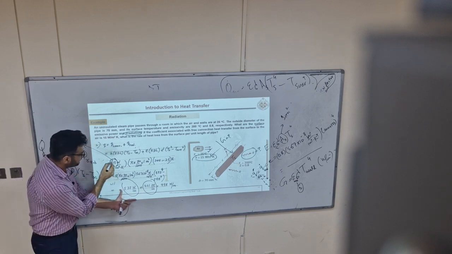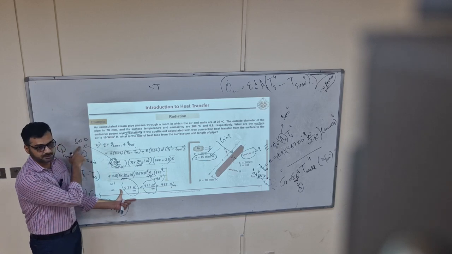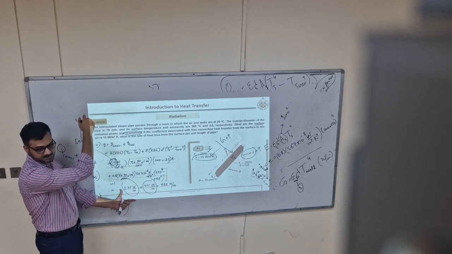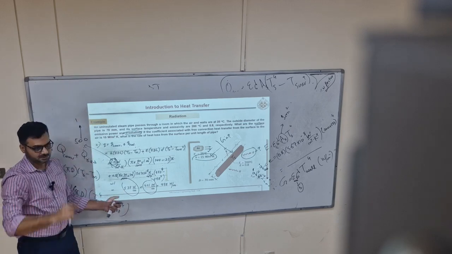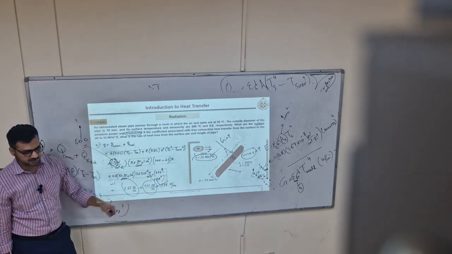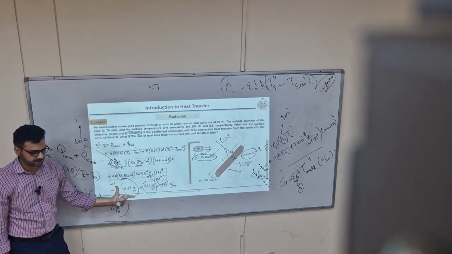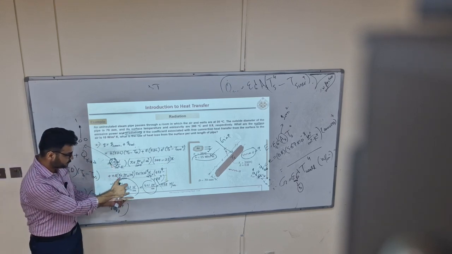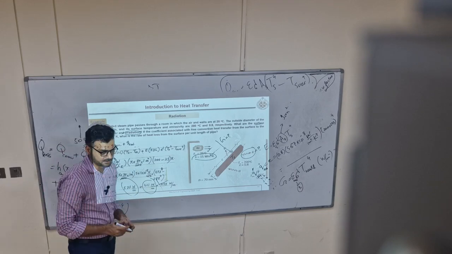If you make this convection coefficient from 15 to 500 for forced convection, for liquids it could be in thousands, and for boiling and condensation it could be up to lakhs. So then the radiation will be negligible in that case, and convection reaches thousands. You can simply check, just replace with 500, I think it will be around 20,000. So then this is negligible.